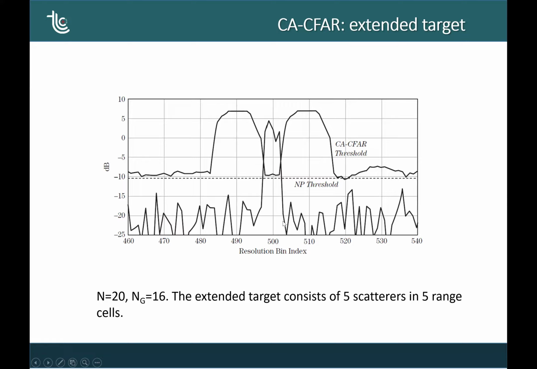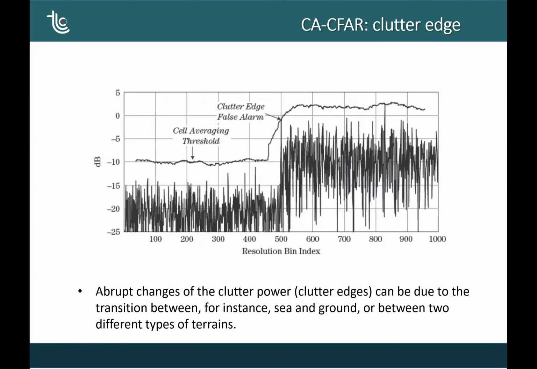And due to the presence of the guard cells, we are able to detect the target, the extended target. So now you understand why we always consider the guard cells in evaluating the CA-CFAR threshold.